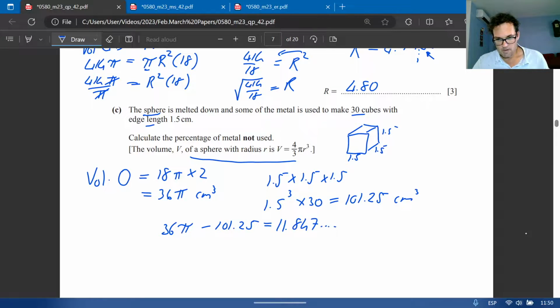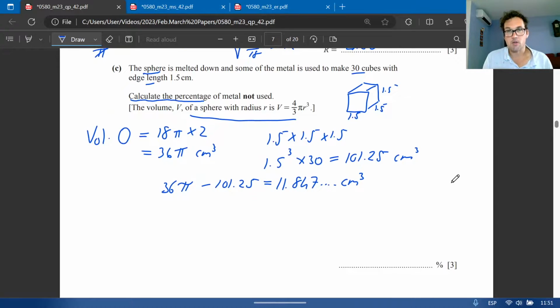We're making progress. Just calculate the percentage of the metal that is not used. So we know the amount of metal that is not used is 11.847. How do we calculate a percentage?